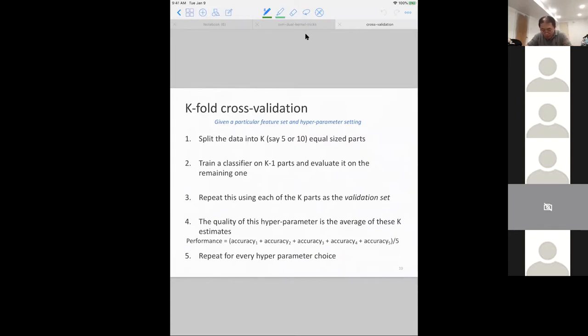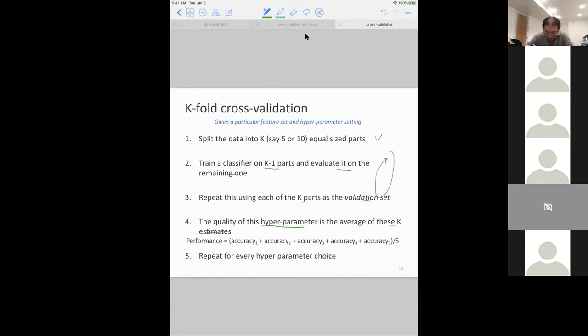So to summarize, right? At the beginning, we split the data into k folds, and then we train a classifier on k-1 parts, and evaluate on the remaining one. So we repeat this using all the k parts as the validation set. So the quality of this hyperparameter is the average of these k estimates. You take the average, right?